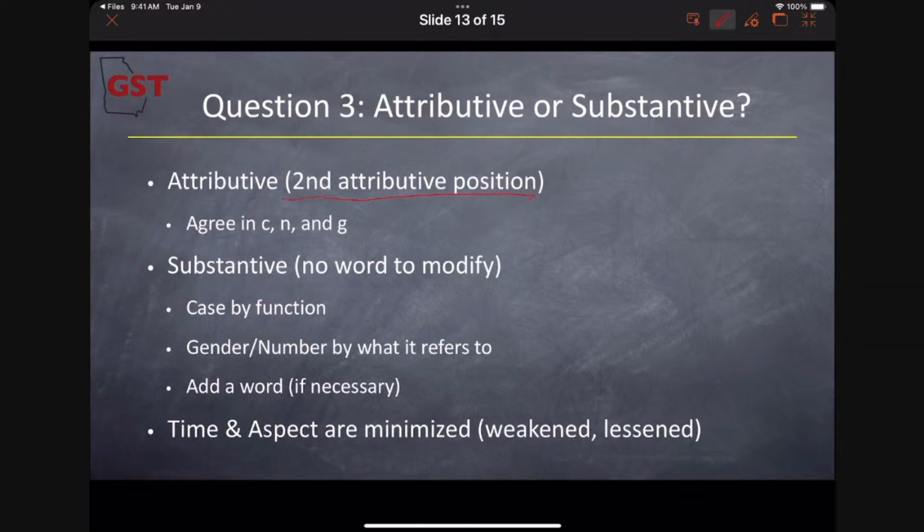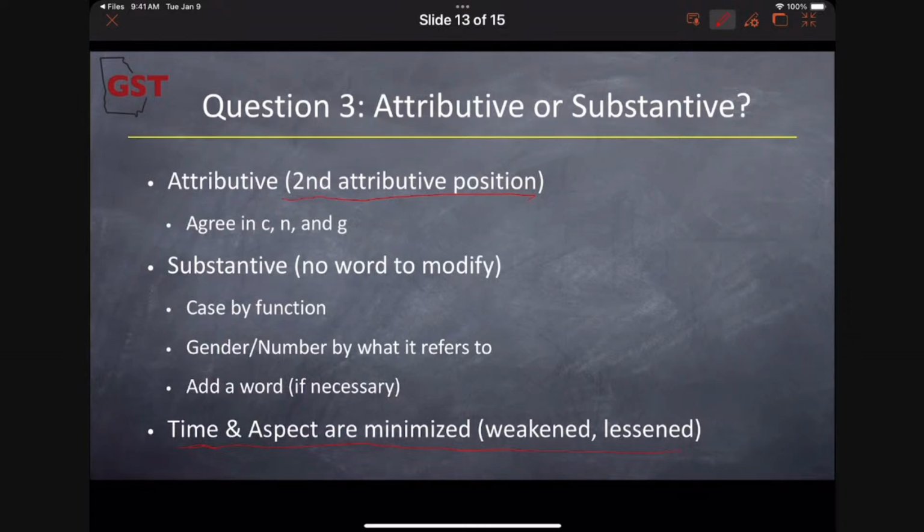Now, here's the important part. I want to emphasize: in adverbial use, time was relative to the main verb, and aspect was key. In adjectival use, neither. They're both minimized. Time is almost non-existent. It doesn't matter.